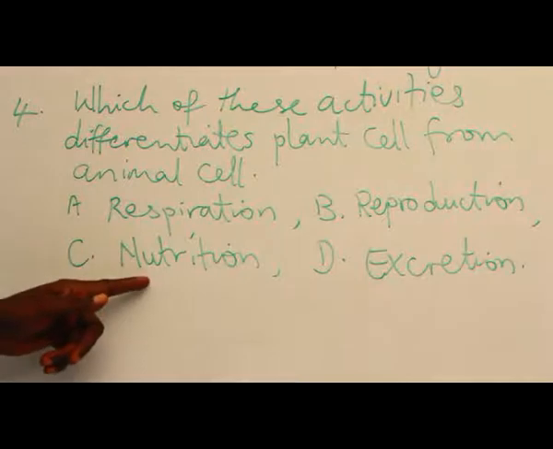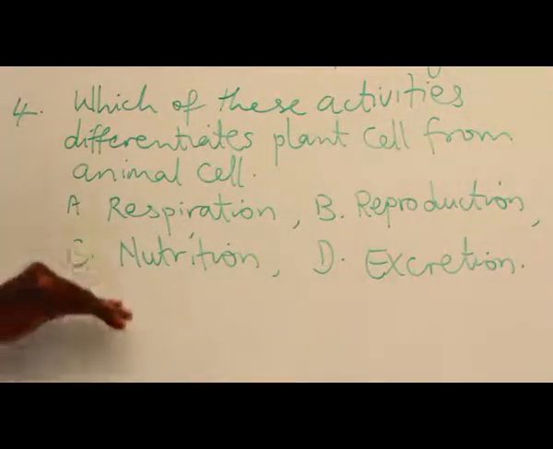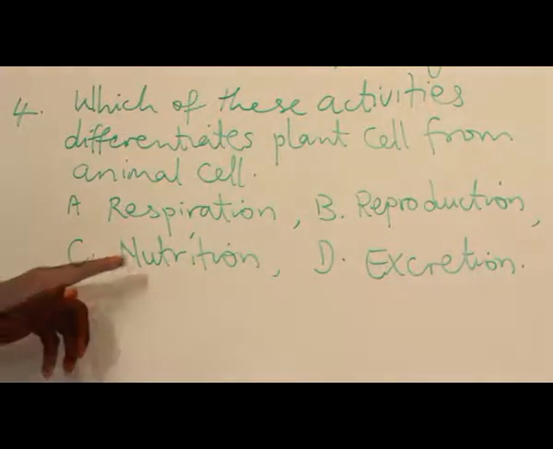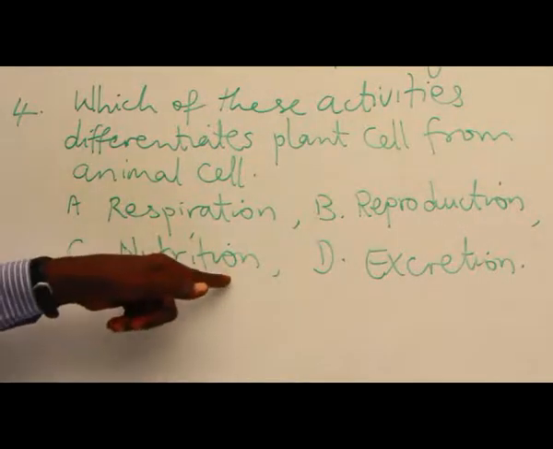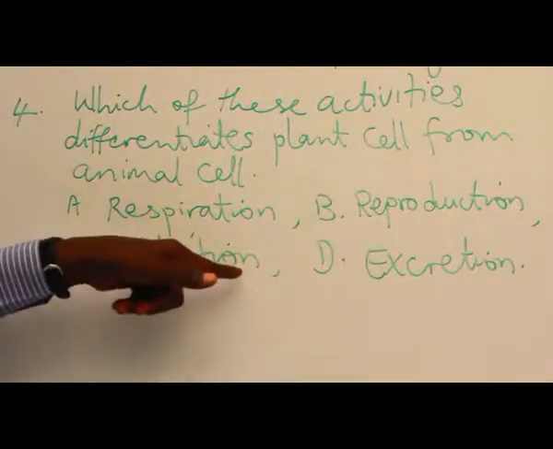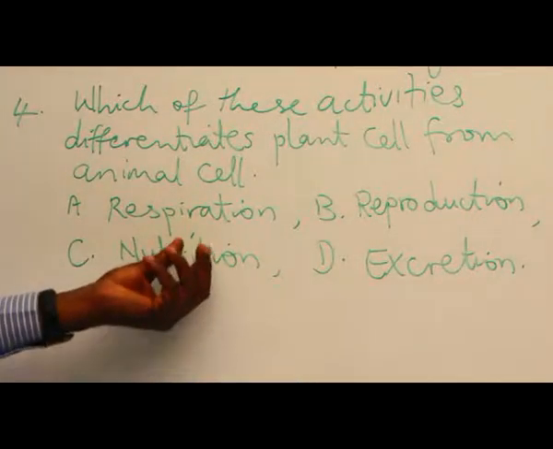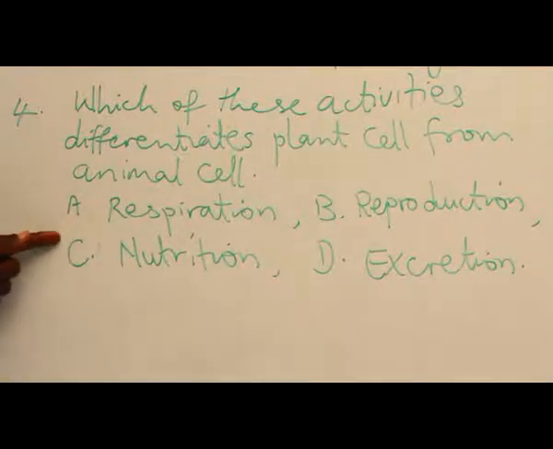Animals don't have such ability. They depend on plants for their own food. Therefore, animal cell lacks chloroplast, while plant cell has chloroplast. That is the key difference between plant cell and animal cell. So, answer to our question is C.